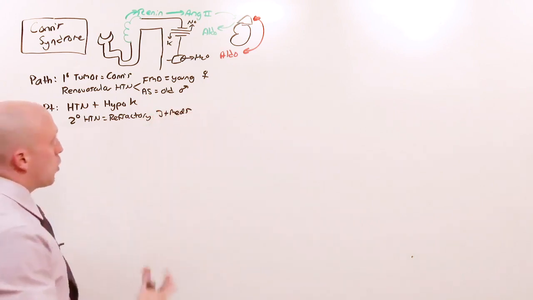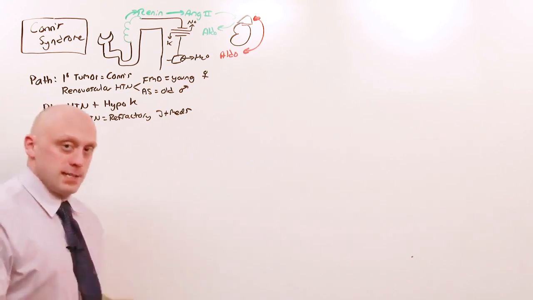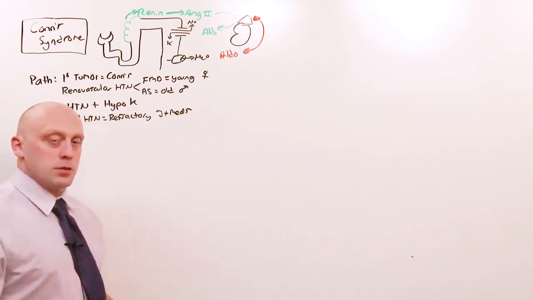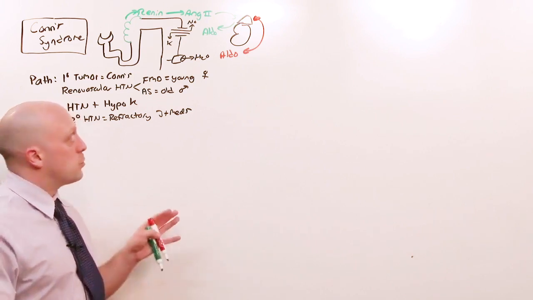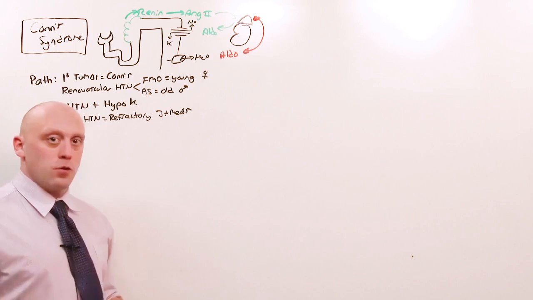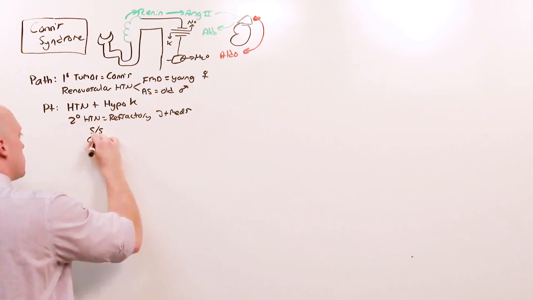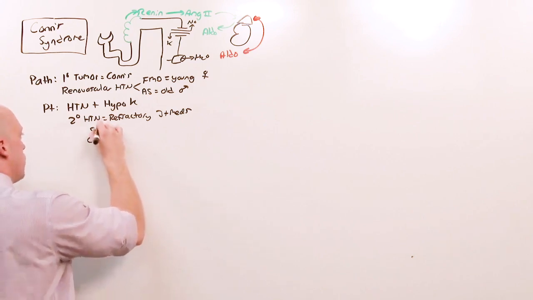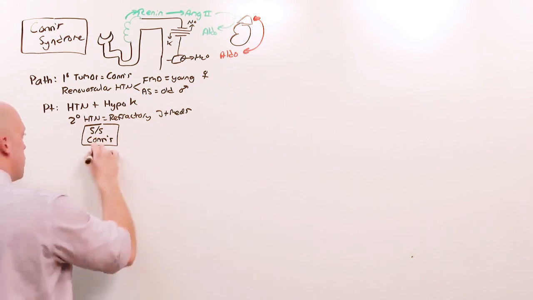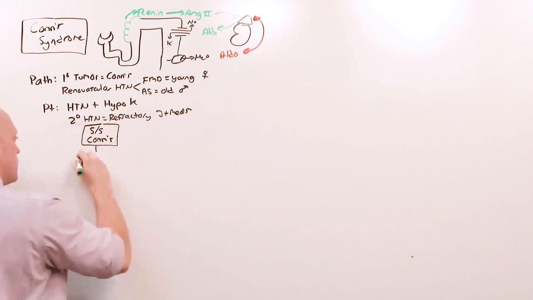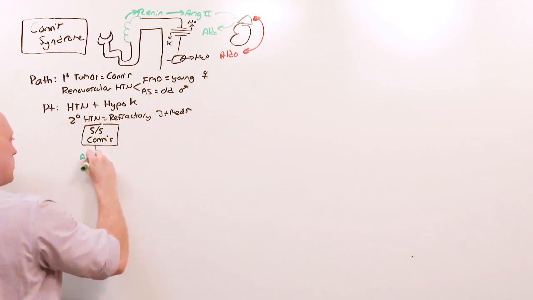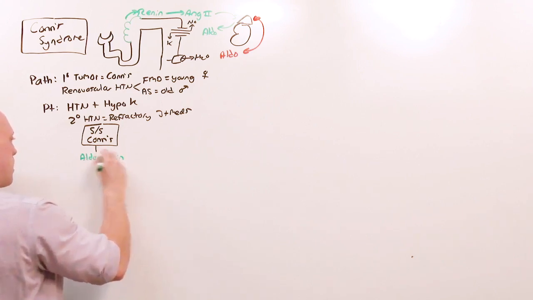All right, so your goal is to decide, is this a problem of aldosterone? And is it a tumor or is it a problem of the renal artery? So you see somebody who's got the signs and symptoms of Conn's, and you want to work it up. The first thing you're going to do is an aldo to renin ratio.